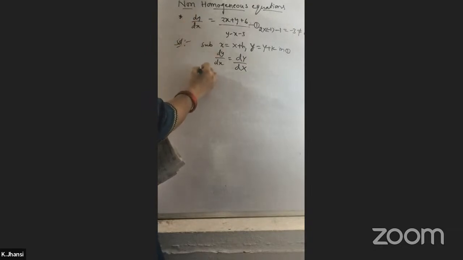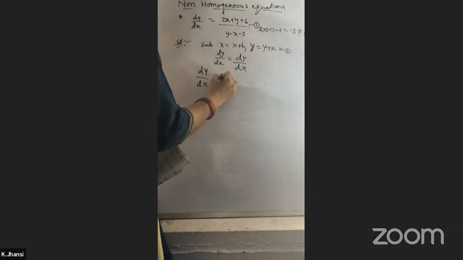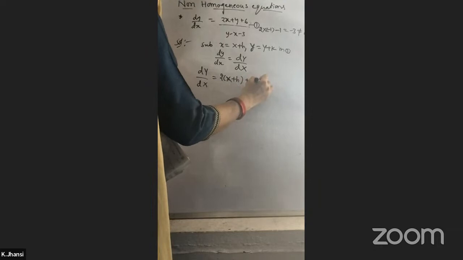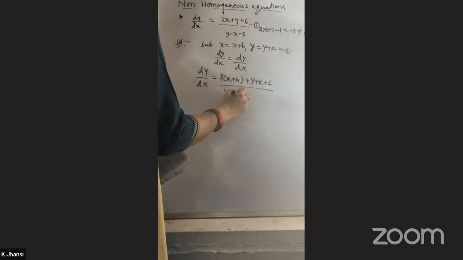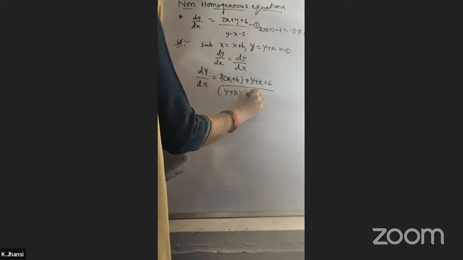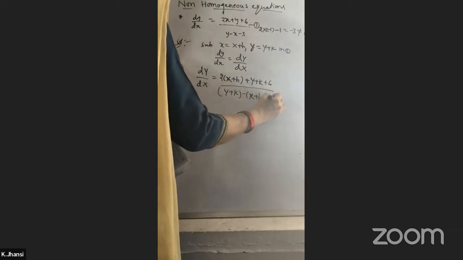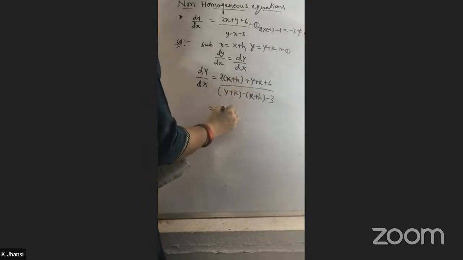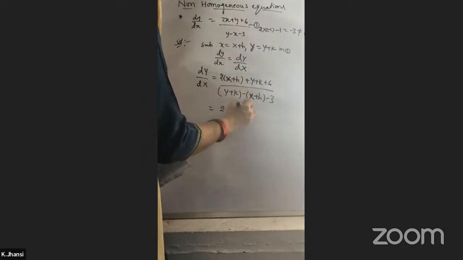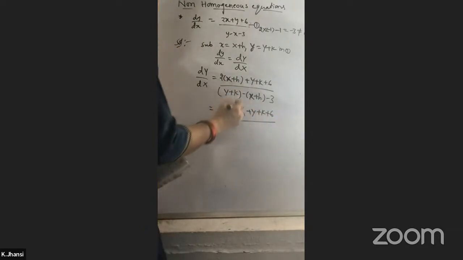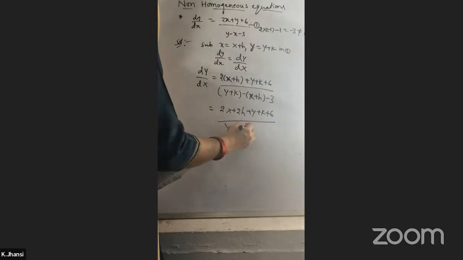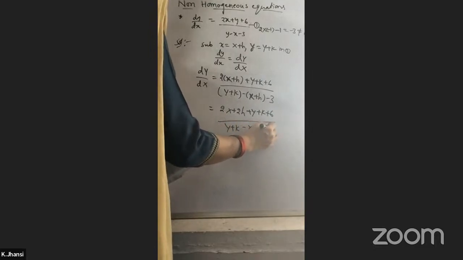So now it will be converted into dy by dx equals 2 into capital X plus h plus y plus k plus 6 by y plus k minus x plus h minus 3. If you multiply this, 2x plus 2h plus y plus k plus 6 by y plus k minus x minus h minus 3.